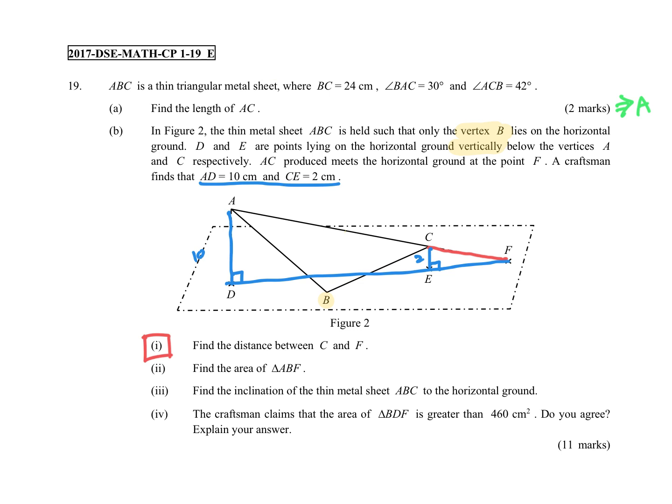So for B1, that should be simple. CF over AF, and in particular AF will be AC plus CF. And then AC, which I highlight, is in part A, and then equals to 2 over 10, or CE over AD.